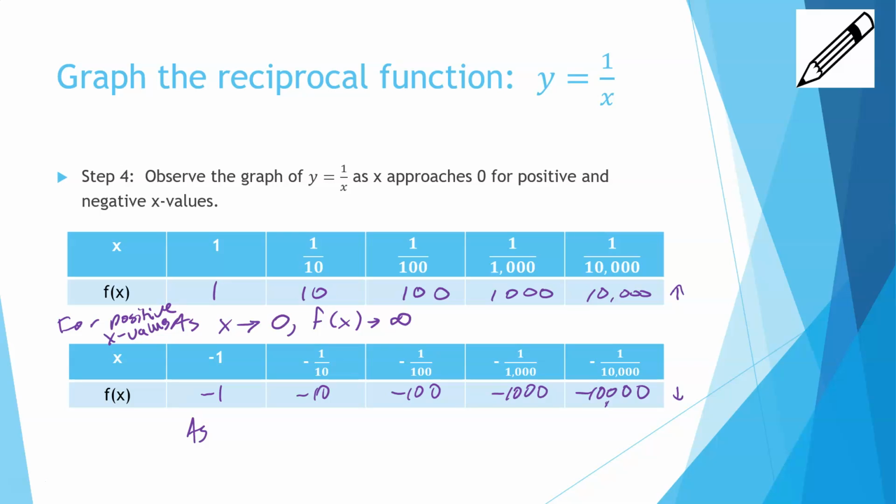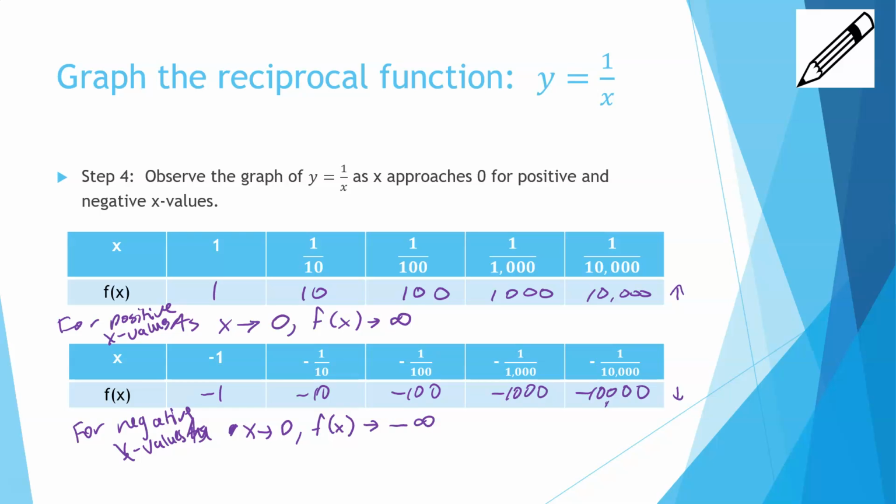The direction is going to be important, but this is for negative x values. So as the negative x values approach 0, for negative x values as x approaches 0, f of x is going to go to negative infinity because they're going to go down forever and ever.